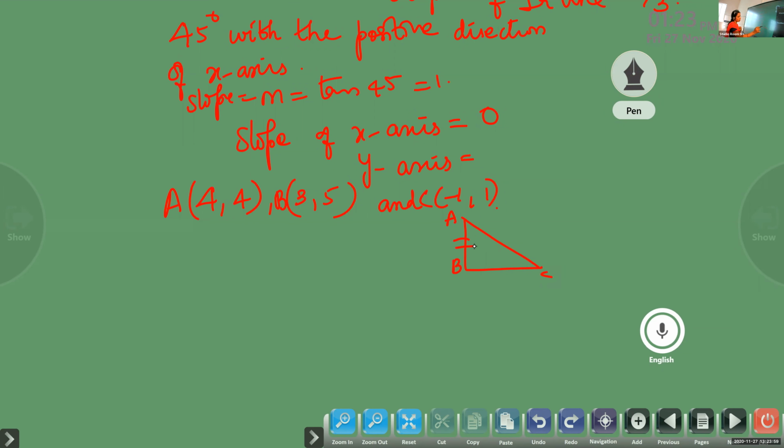If the product of the slopes is -1, then it is perpendicular, isn't it? Okay, so find the slope of AB and the slope of BC.